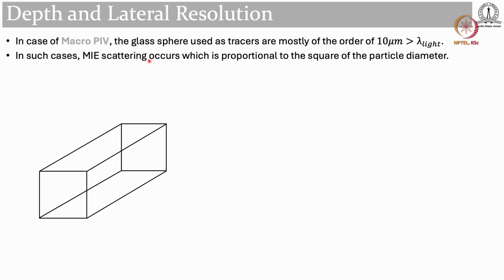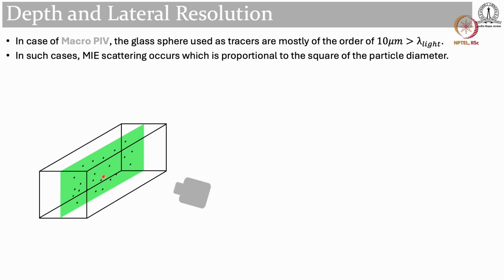So basically, if you have a test section like this, a large-scale test section, you can assume it to be on the order of centimeters. Suppose this is 10 centimeters by 10 centimeters, and you want to see a plane. You use a laser sheet, basically a green light laser sheet, to illuminate a single plane, and you can see these particles very well in this plane.